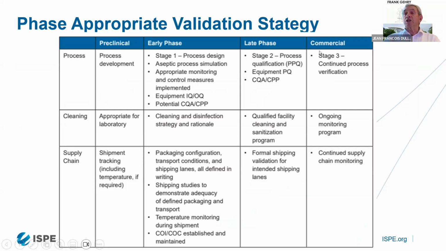We do not have that much for commercial because many of the products are still under development, and the products with cell and gene therapy or advanced therapy medicinal products are so small that they remain with the manufacturing of the late phases of manufacturing.